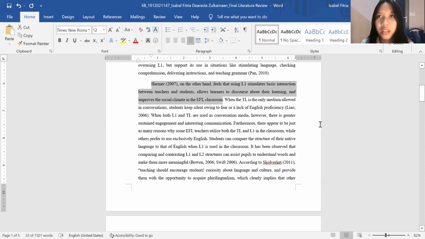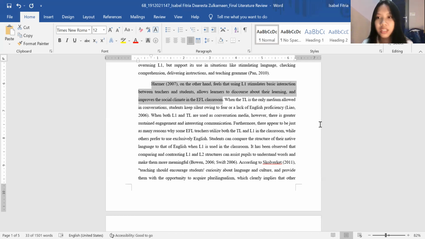So we know that in the foreign language classroom, let's say English, when the TL is the only medium allowed in conversations, students keep silent owing to fear or a lack of English proficiency. So the students might feel scared to speak, and it creates a negative atmosphere in the classroom because there is no interaction made in the classroom.